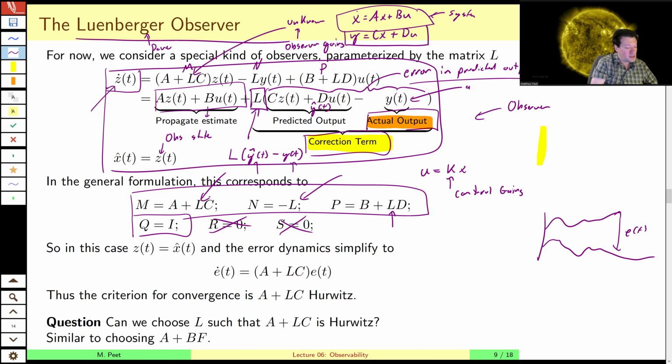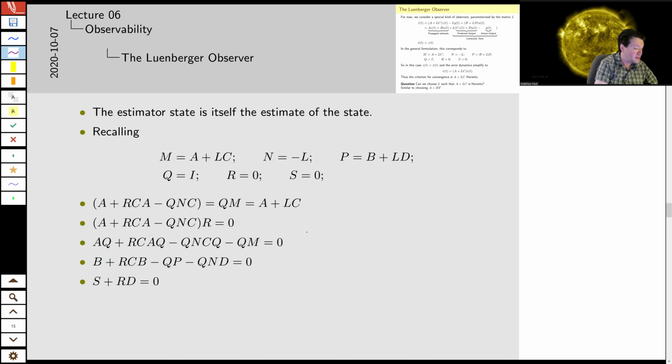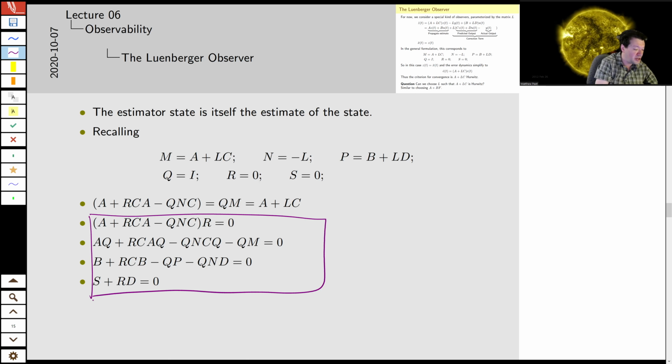If you plug these numbers, M, N, P, Q, R, S, into the dynamics for the observer we had on the previous slide, then what you find is that most of these terms simplify. Particularly, all those other terms that we wanted to get rid of become 0.